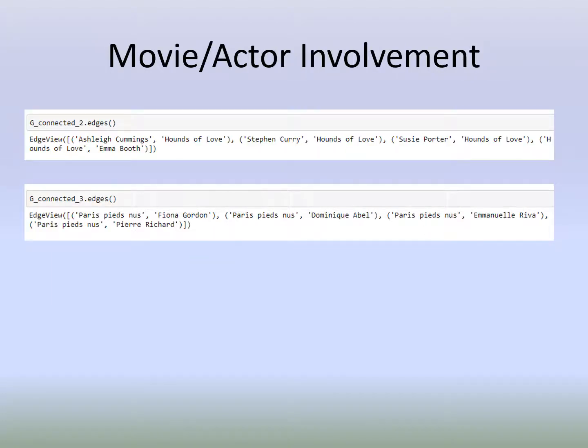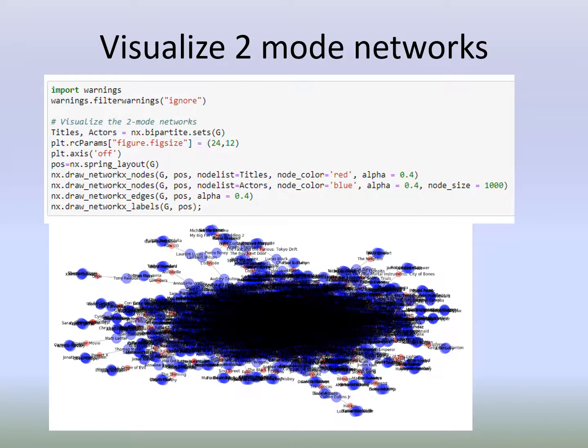This slide shows the involvement of a movie and the actors in the network. We can see this one has 2 edges connected, and this one has 3 edges connected. And this is a further data visualization of the actors and titles in the network.